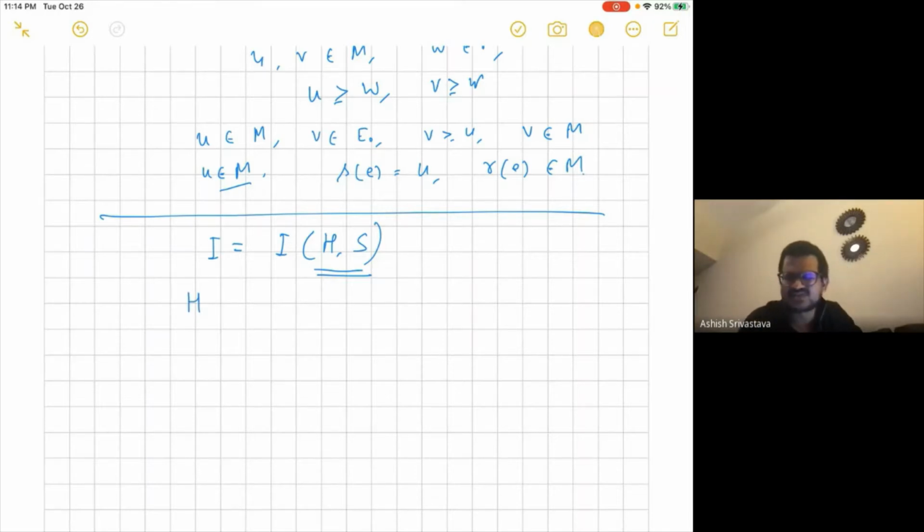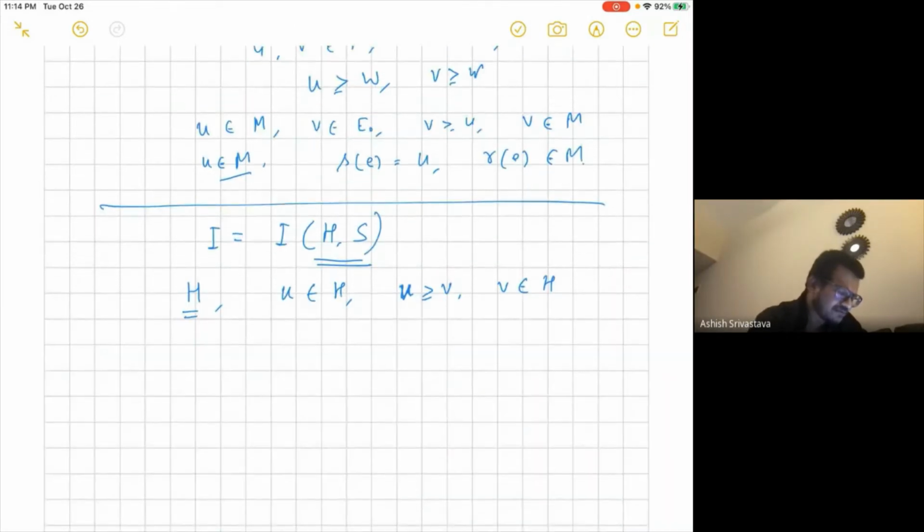Hereditary means that anytime U is in H and there is a path from U to any vertex V, then V is in H. If something is there, then every vertex that comes along the path of that vertex is also in H. And saturated means, if the range of s inverse of V is contained in H, then that forces V to be in H.